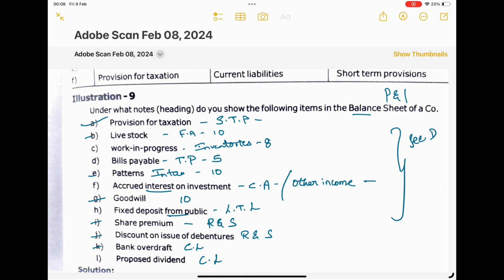So what is an expense? First you should know the basic 4 things. First one, what is an asset, what is a liability, then income and expenditures. So what is the difference between these 4 things? If you clearly understood this concept, the solution of your accounting will be easy.